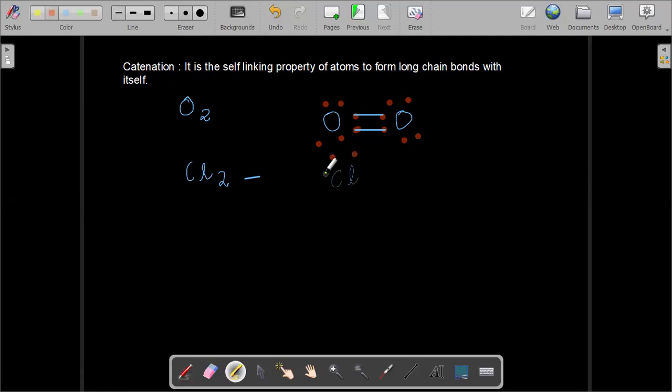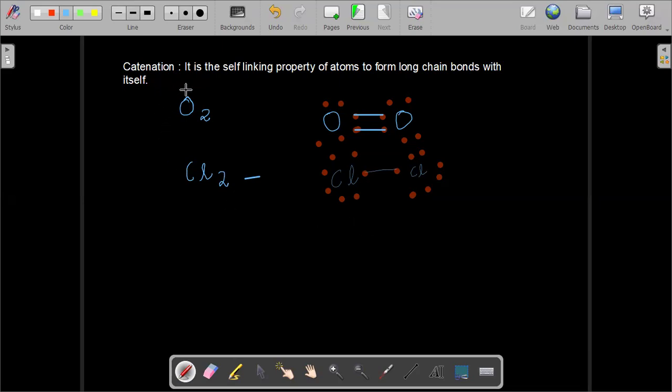So 1, 2, 3, 4, 5, 6, 7. Then 1, 2, 3, 4, 5, 6, 7. So each chlorine having 7 electrons will share just 1 electron with each other to complete their octet.